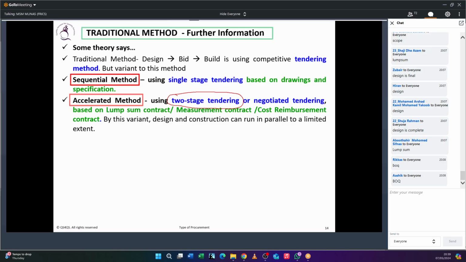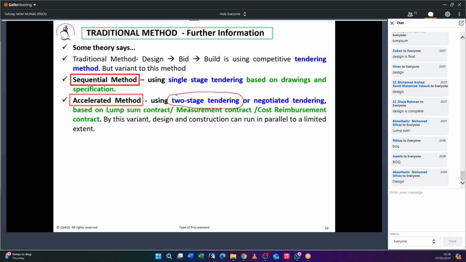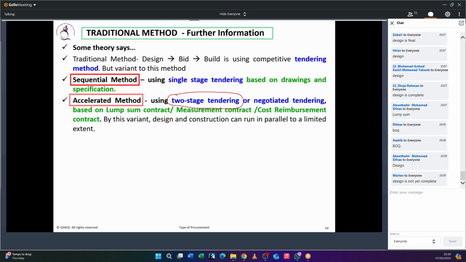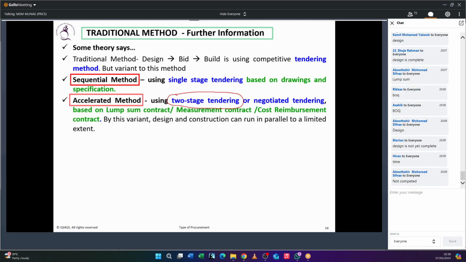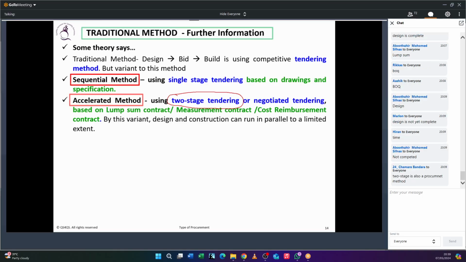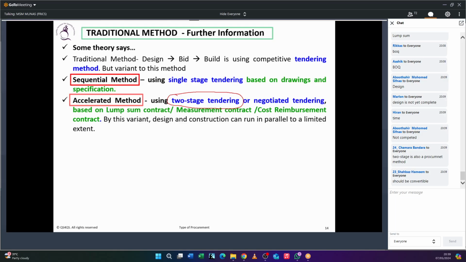I'm just giving you time to think. Nobody got the idea still. Yes, now Chamara got the right answer.